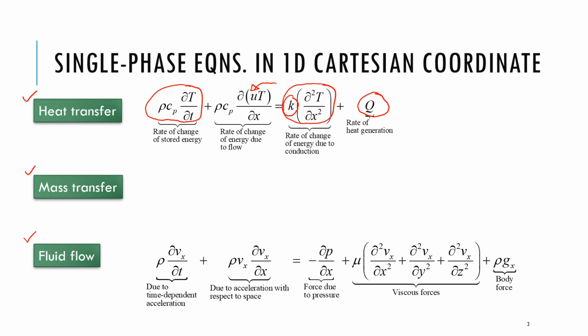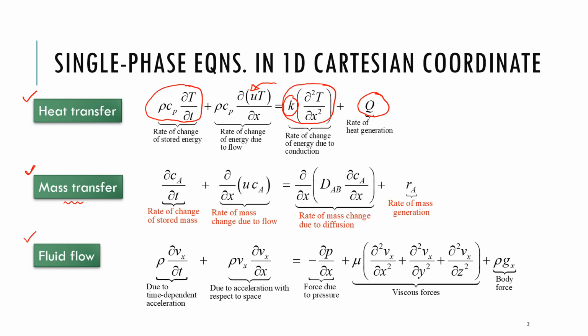Completely analogous terms are there for the mass transfer equation, this one. So let's see those equations. Again, you have the first term that represents storage of a mass species. The second term has to do with mass transport due to bulk flow.